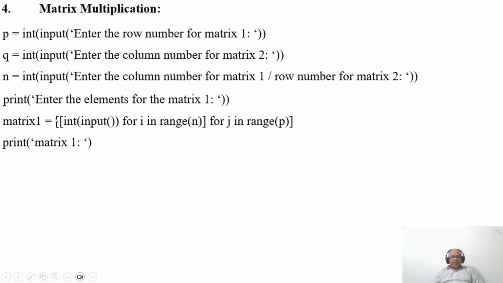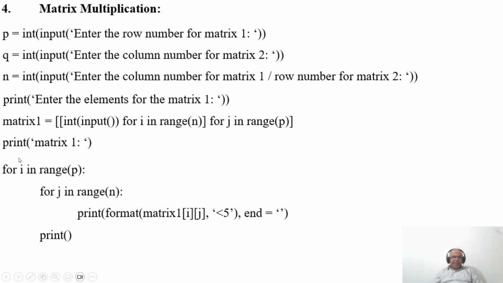Then print matrix 1 will be for I in range P colon, if this condition is true, for J in range N, because the column of matrix 1 is N. Print format matrix Ij, with a space given between the two columns, and to continue on the same line I am going to use end as a separator.